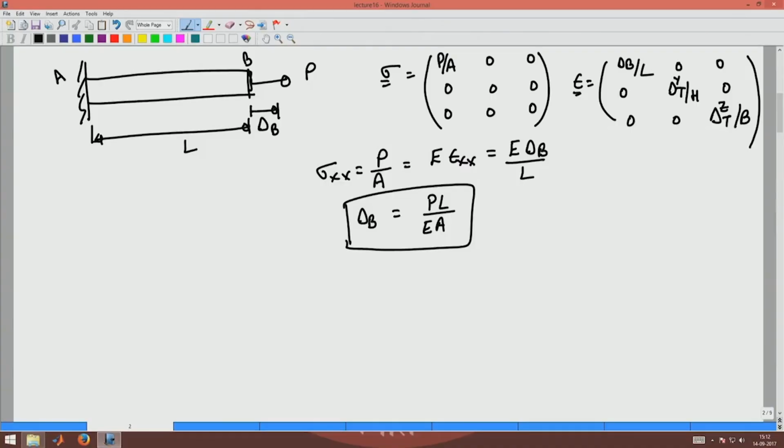What we have done is, we have used the equilibrium equations to understand that the stress is given by P by A, and then we have used the strain displacement relationship to write the strain as delta B by L, and here we have used the constitutive relation to write the stress as E times epsilon xx.